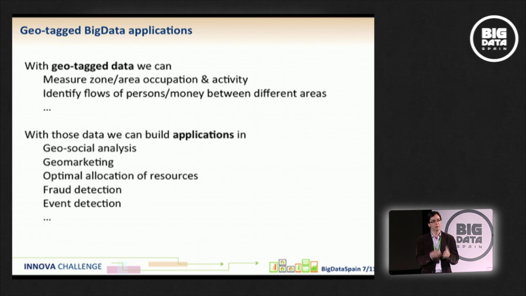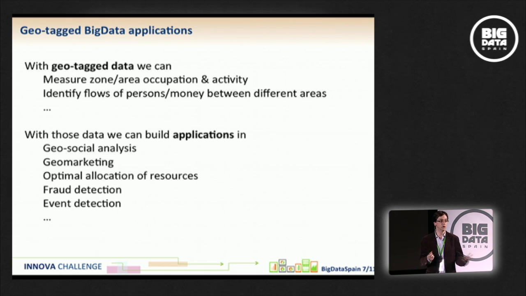Many of you work with this data and already know these applications, but let me remind you of some of them. One of the applications that we can build with these flows and this allocation of people is geosocial analysis. We can analyze, and I will also show you some applications we did, not only who people are, but how they socially interact when they are in a place in the city.